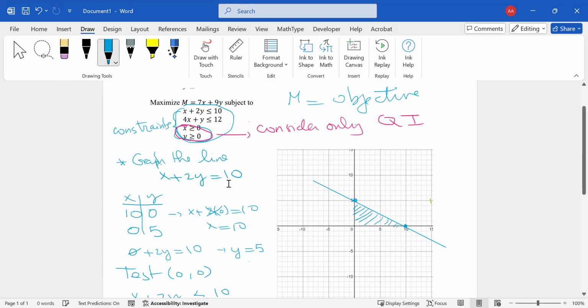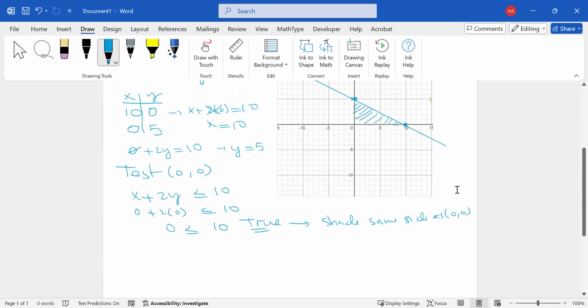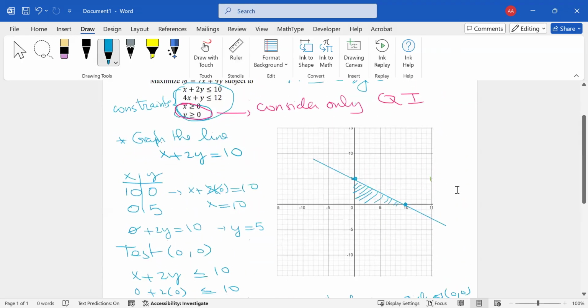That's it, because of the inequalities x positive, y positive. Now I'm done with the first two lines.